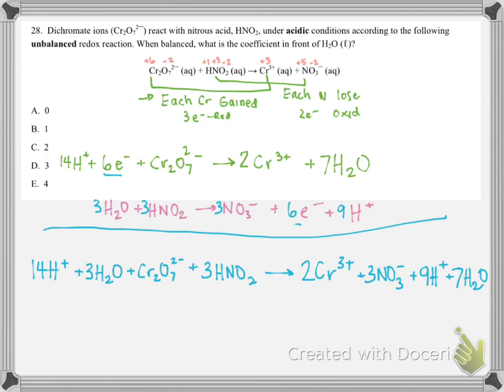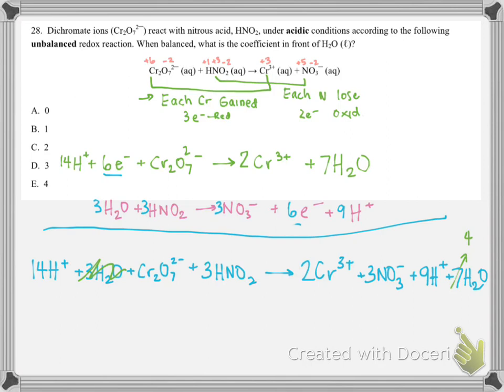Okay, so now that the reactions have been combined, I have this overall, but I need to cancel some things that are the same on both sides. So I'm going to cancel these 3 waters out and say that I have 4 waters left on the product side.